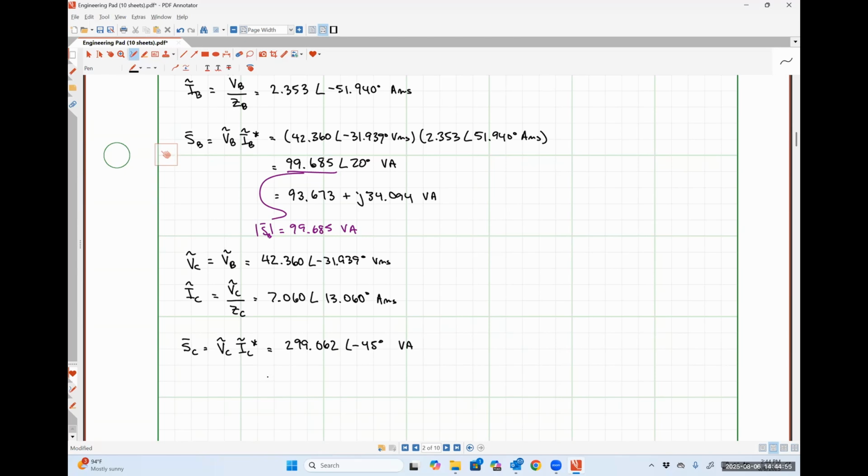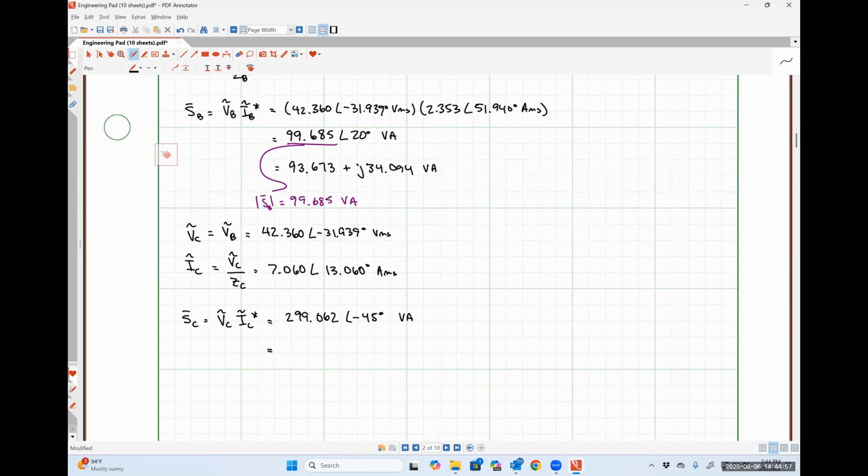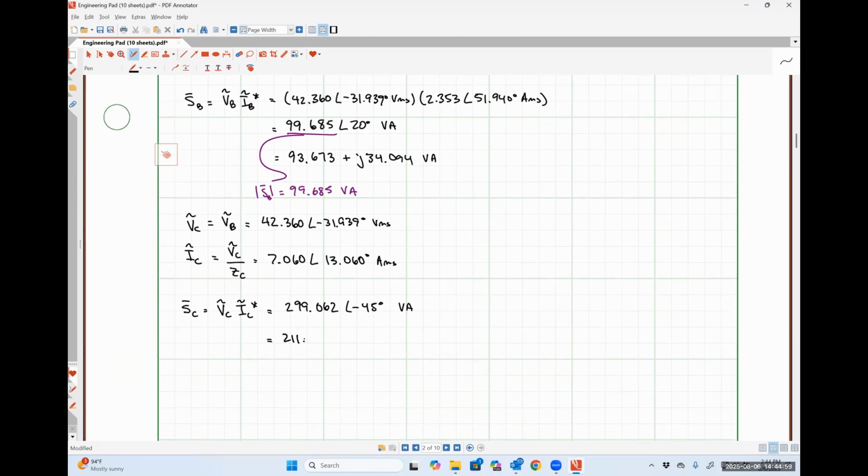And then I got 211.472 minus 211.465 J. Okay. So again, not exactly what I got, but very, very close just because of that rounding error.